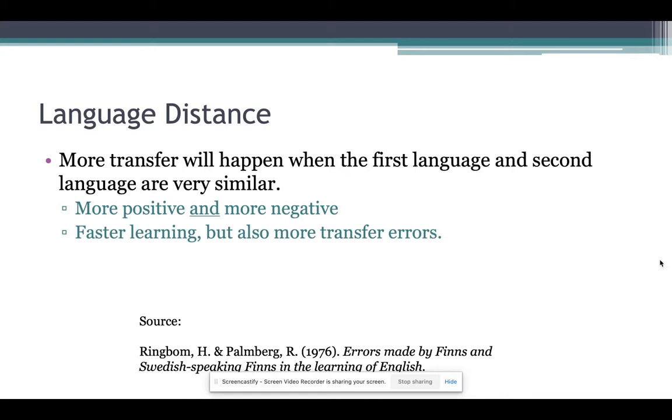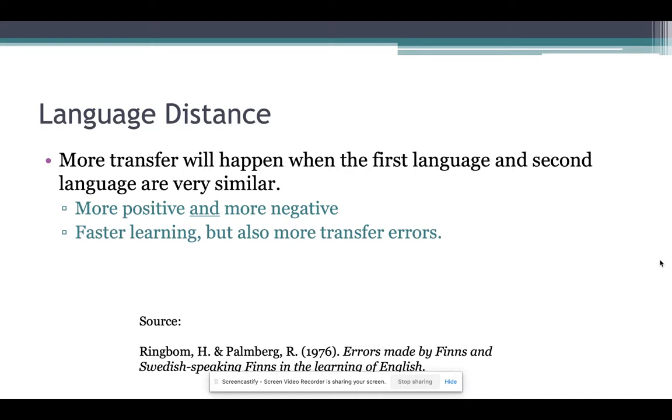A Korean speaker, in contrast, can transfer very little from his language to learn English. Therefore, the Korean speaker will learn English much more slowly and struggle for a very long time. But when he learns English, he's unlikely to have errors caused by transfer because his problem is not transfer, his problem is a lack of transfer.